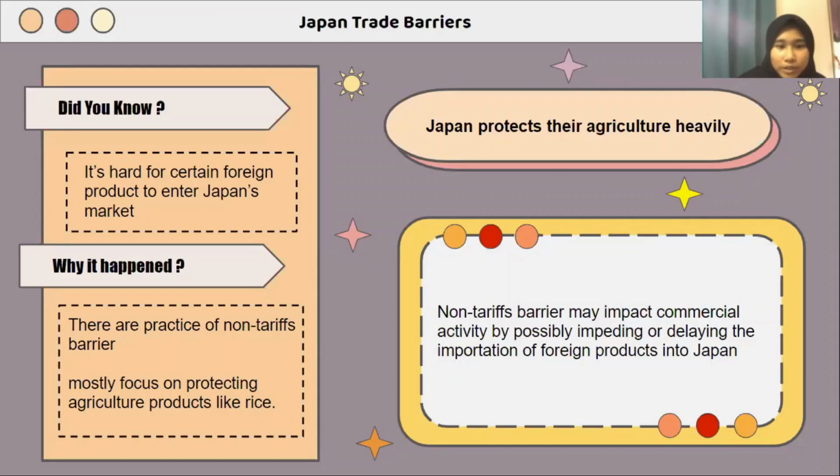Non-tariff barriers take many forms, like quotas, numerical export controls, voluntary export restraint, and many more. In Japan, they focus more on law, policy, and practice. Non-tariff barriers may impact commercial activity by possibly impeding or delaying the importation of foreign products into Japan.